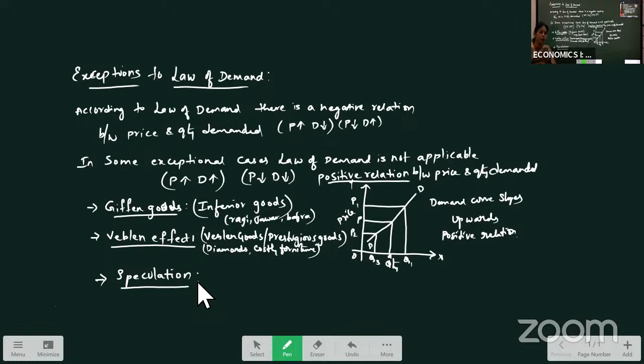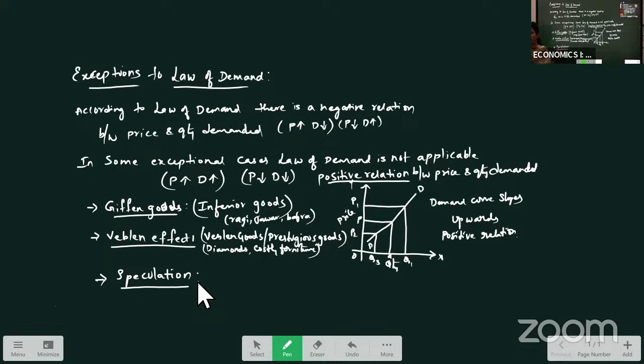So what will we do as consumers? We feel that, okay, in future prices are increasing, so I will buy now. Though the price is high, I will buy now at the high price. What happens? When price increases, demand also increases.